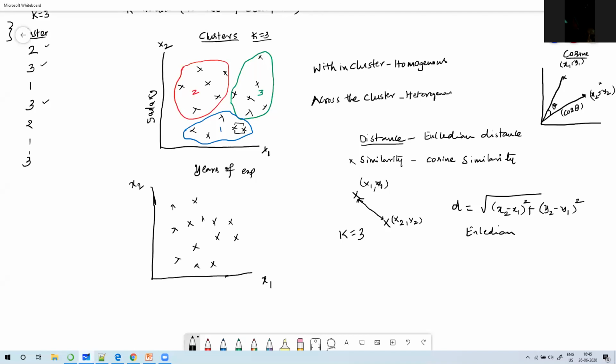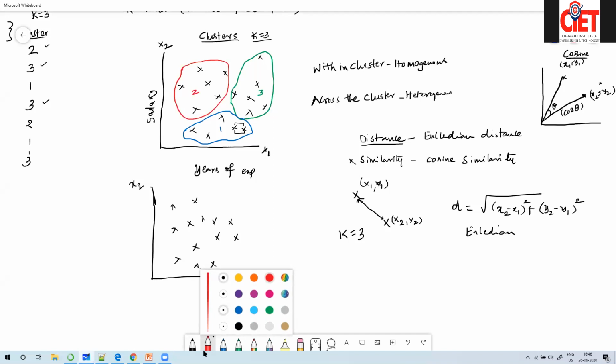Once you decide k is equal to 3, you need to randomly choose 3 points in this two-dimensional space. If you are using more dimensions, you would choose random points based on the number of dimensions that you have.